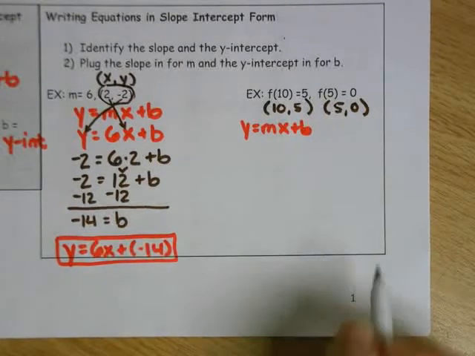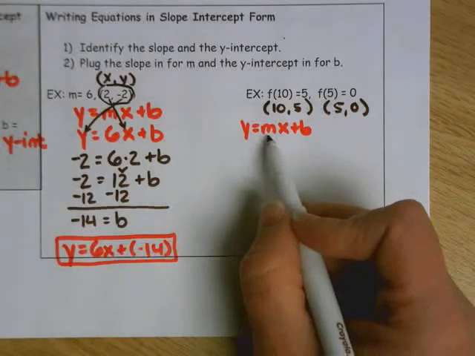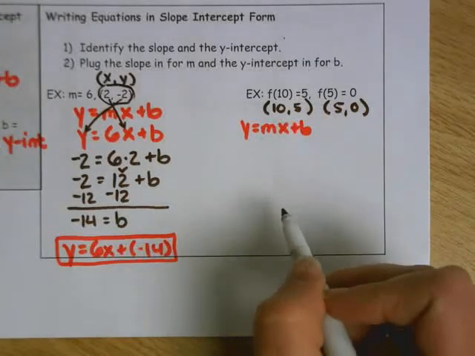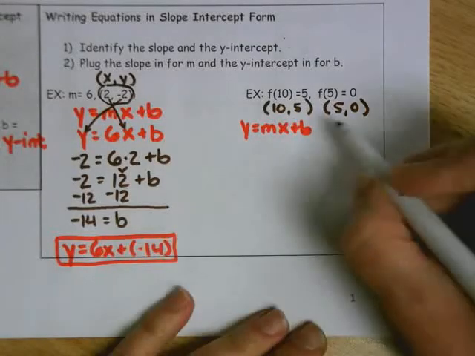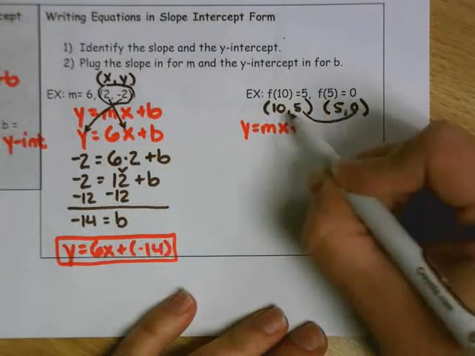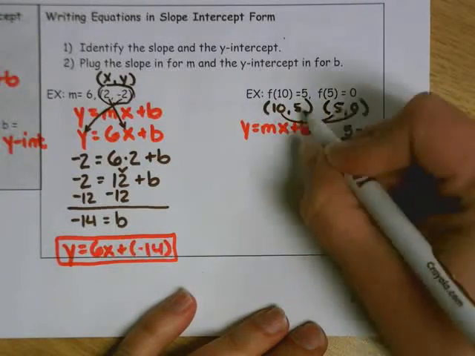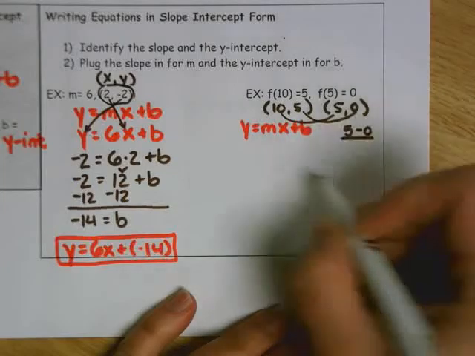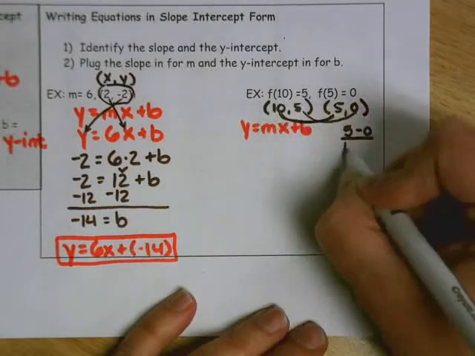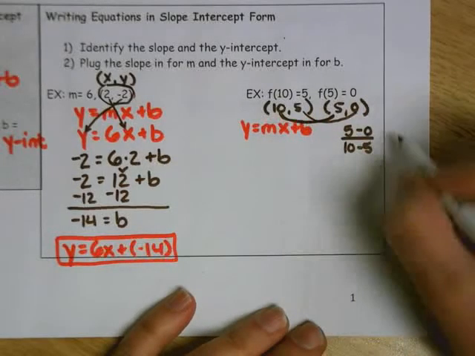So those are two ordered pairs. Do we know our m? Does it tell us our slope? Nope. So we've got to find it out. We've got to do y minus y over x minus x. 5 minus 0 over 10 minus 5. What is 5 minus 0?